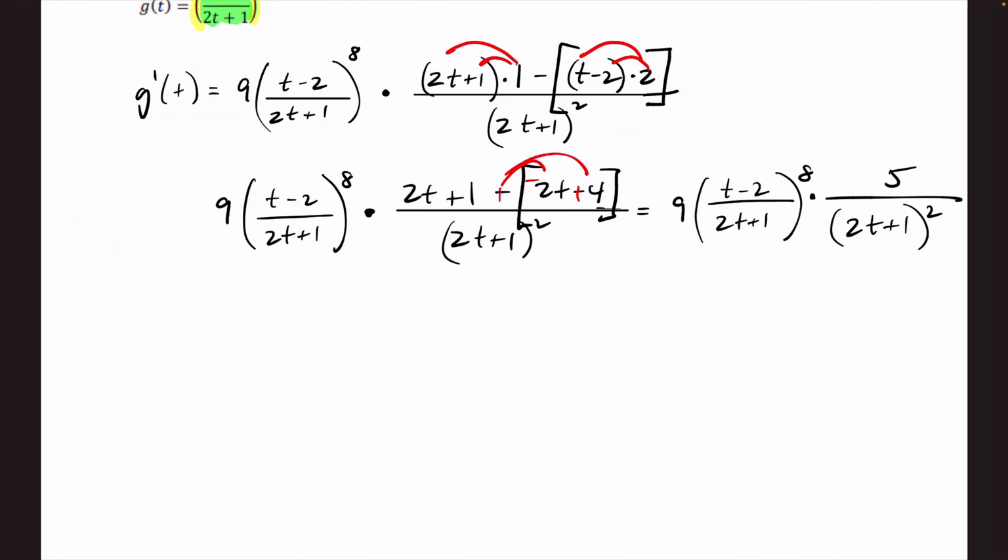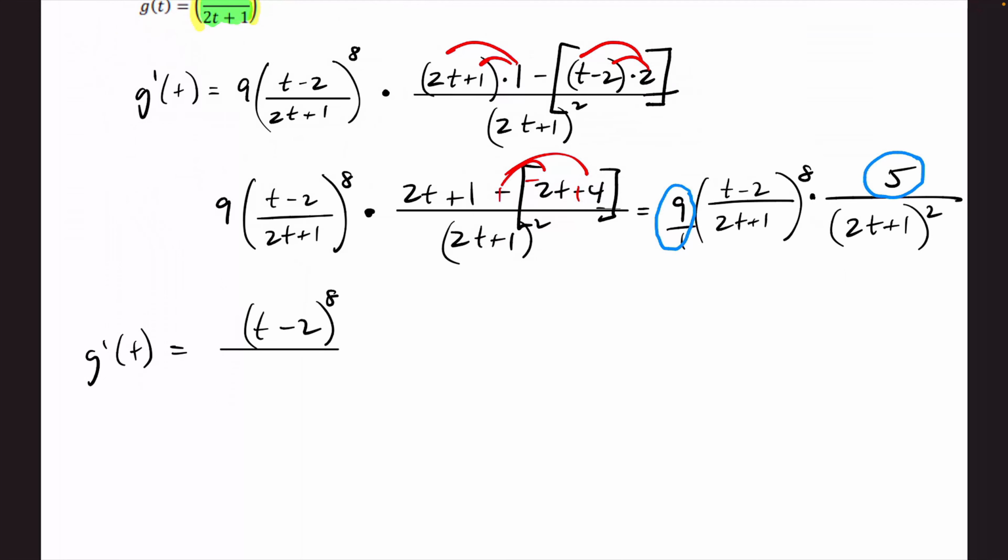Okay, so this 9 is really 9 over 1. Remember, any whole number that doesn't have anything underneath, it's a 1 down there. So the reason I did that is because I'm going to multiply this guy and this guy. So I get 45. It doesn't really matter where you put the 45. I'm just going to put it over where the 5 was, as long as it's on top.